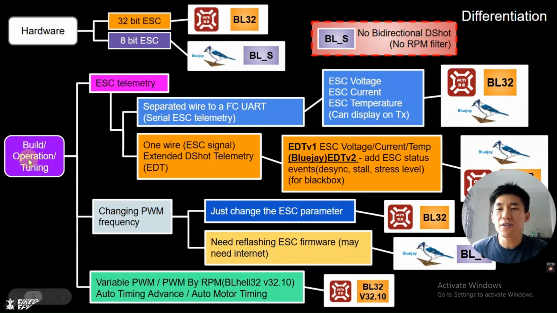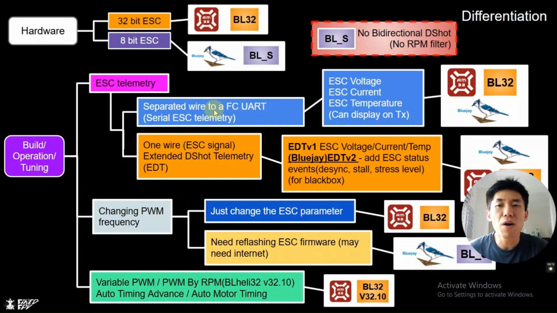And the next topic that you may be concerned about in building, operation, or tuning of the craft you are going to make. The first subtopic is ESC telemetry. If you want ESC telemetry, there are two methods. The first method is the old method, which requires you to solder a dedicated wire from the ESC to the flight controller, basically to an RX pad.